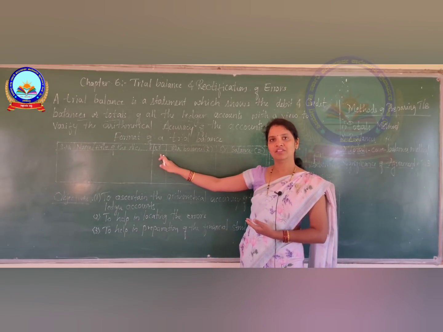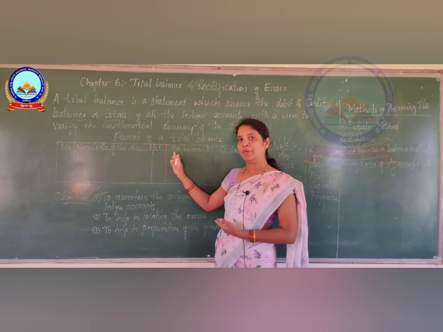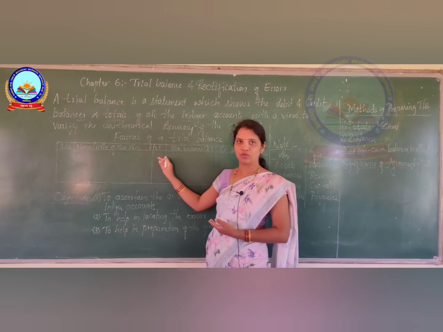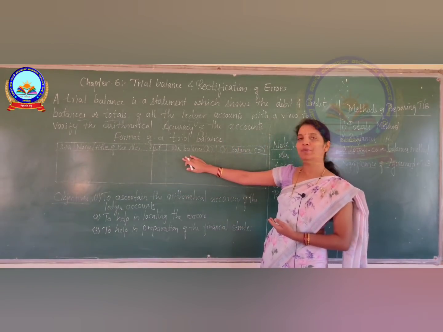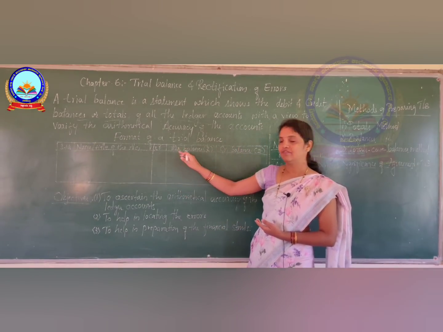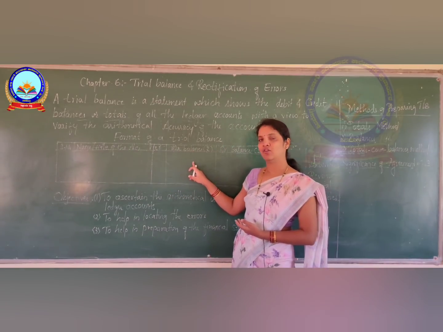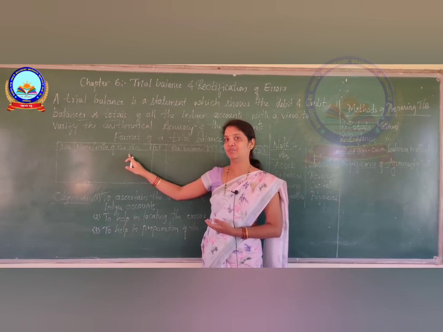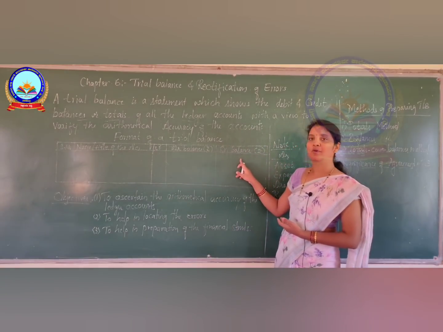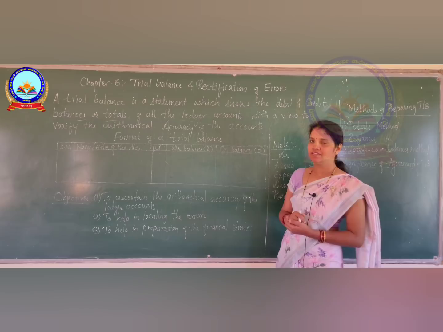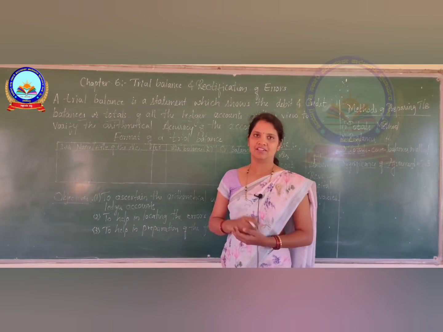Next column, ledger folio. The page number of this account is to be written here. Then debit balance in rupees. If this account has a debit balance, write the amount in the debit balance column. If the account shows a credit balance, then write that amount in the credit balance column. This is very simple preparation.